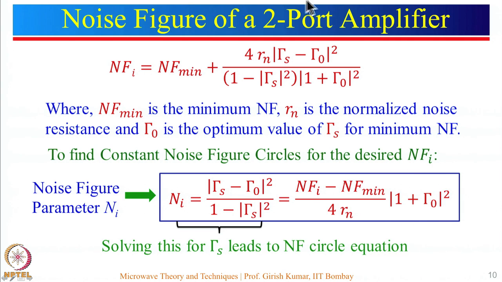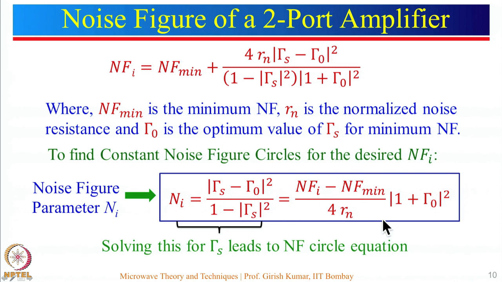So, we can say that gamma s minus gamma 0 square divided by 1 minus gamma s square is given by this particular expression here, and that particular thing is defined as the noise figure parameter Ni. So, now for a given device, NF min, Rn, gamma 0 will be known to us, and then we have to design for the desired NFi.